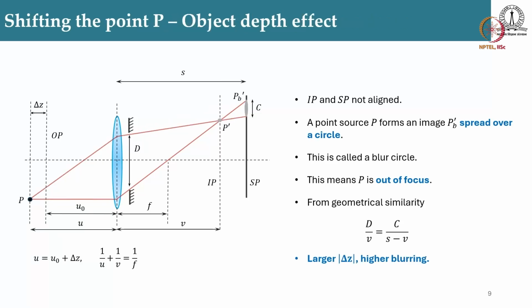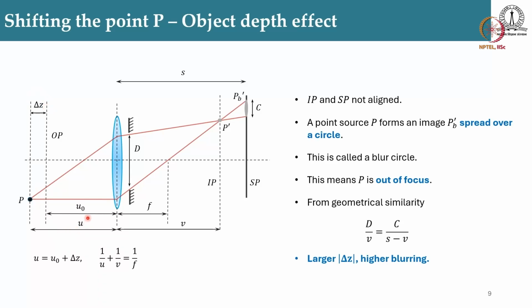Now let's go back to the first step, and instead of modifying the relative orientation of the lens with respect to the sensor, what if we shift the particle away from the plane of focus? This OP actually represents the plane over which the particle was in focus in the earlier configuration, but we shifted that particle away from this plane by a distance delta z.